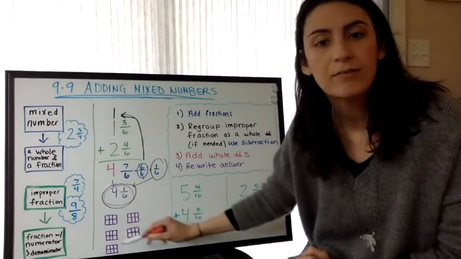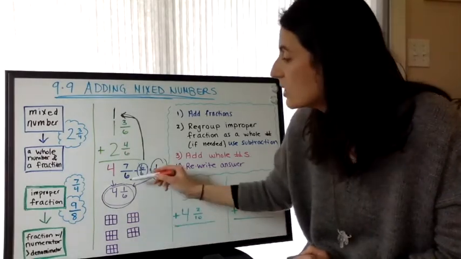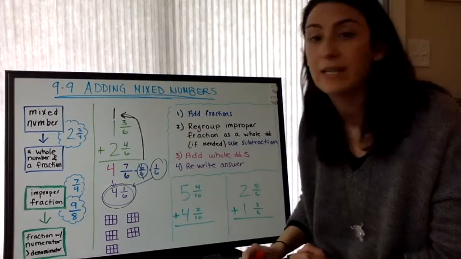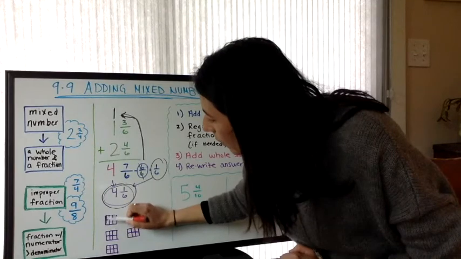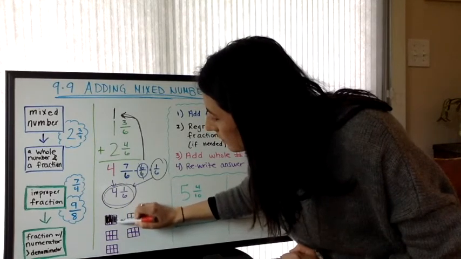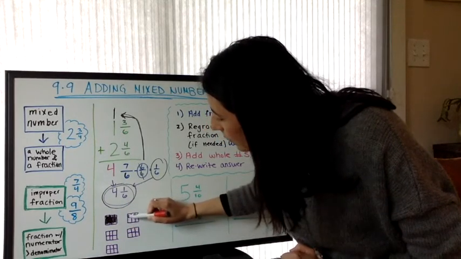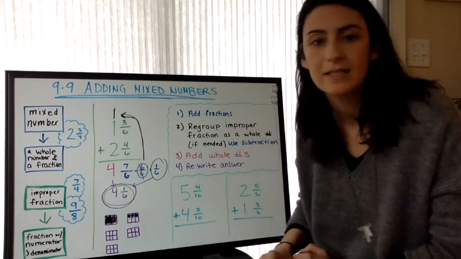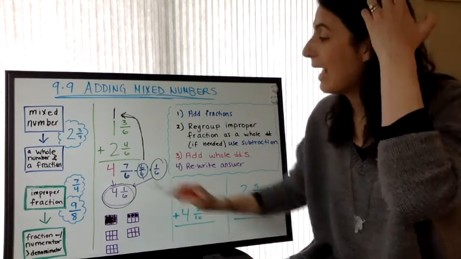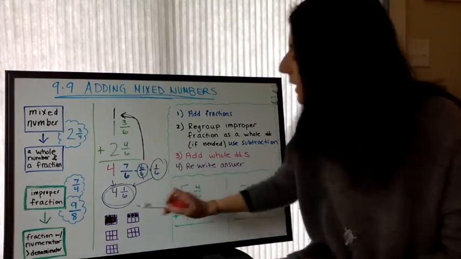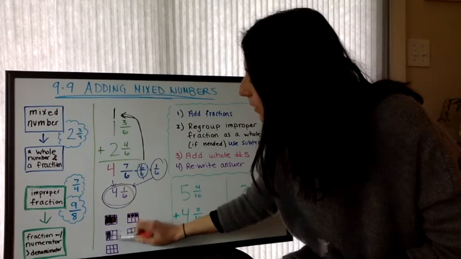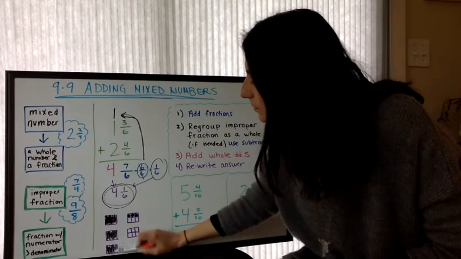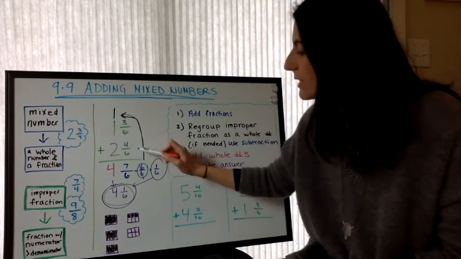So here I have some sixths. So I'm going to show you guys this as a visual. I'm going to start with 1 3/6. One whole and 1, 2, 3 out of 6, okay? And now I'm going to add 2 4/6. I'm going to add 2 wholes, 1, 2, and now I'm going to add 4/6.